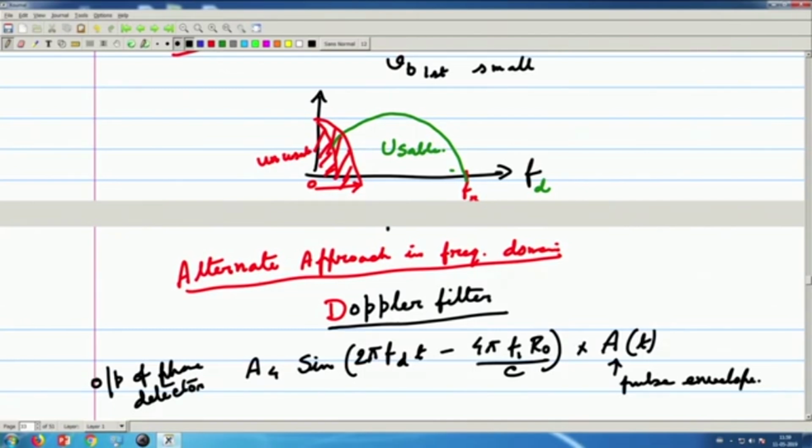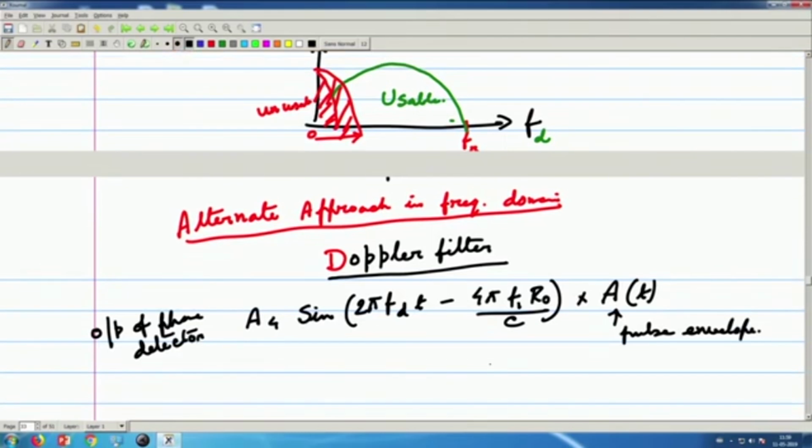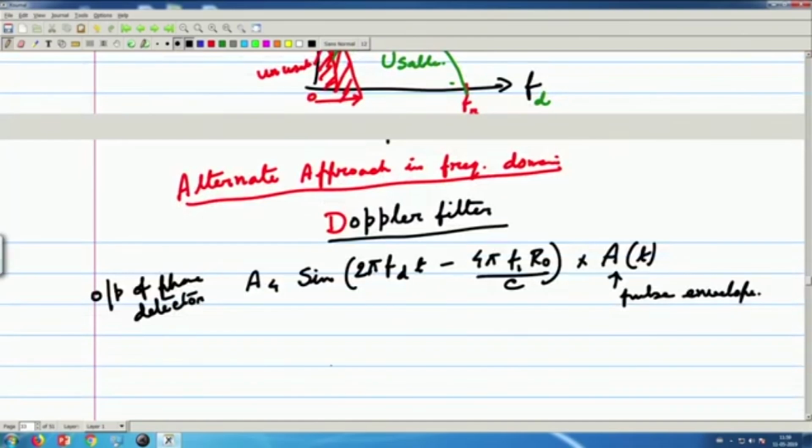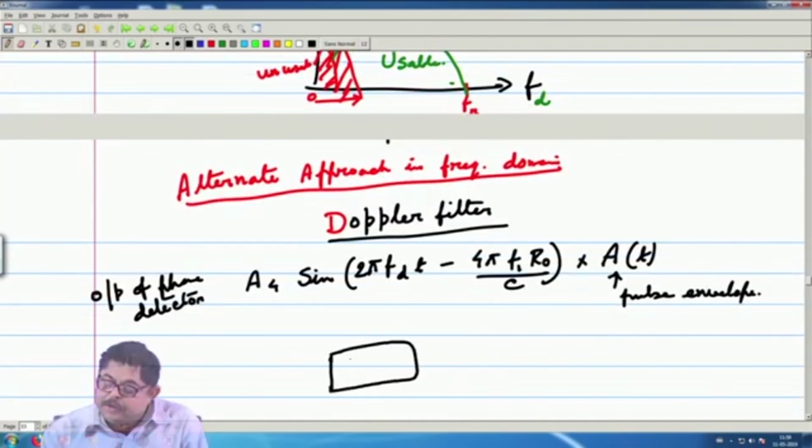So what is the problem? Suppose I am having a Doppler filter.